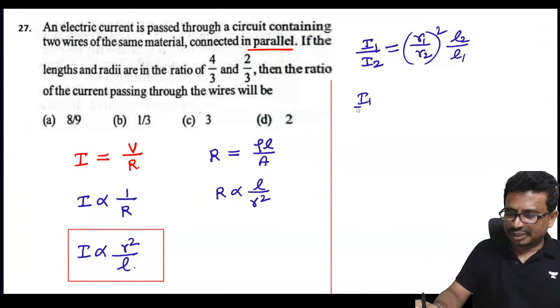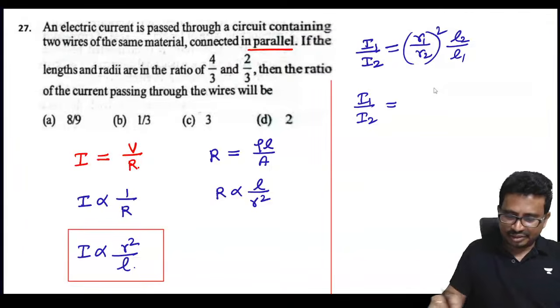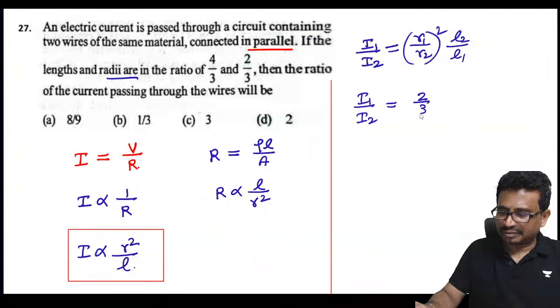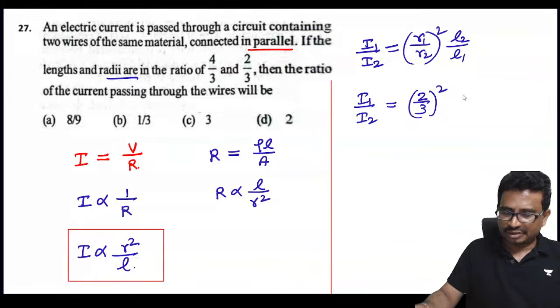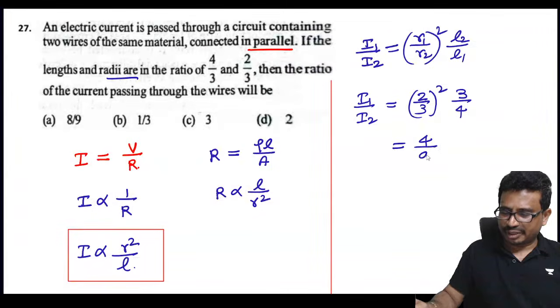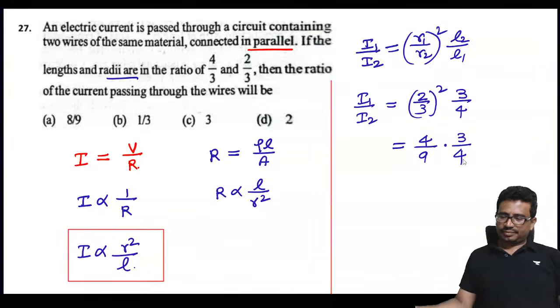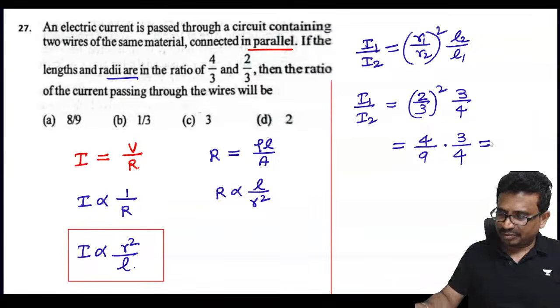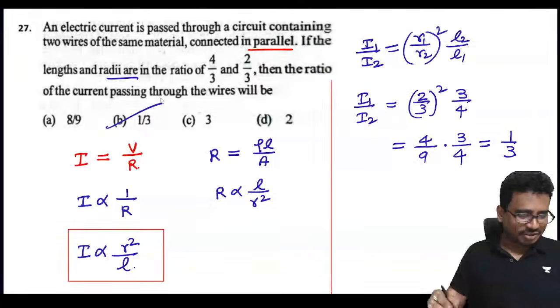Radius ratio is 2 by 3 whole squared, length ratio 4 by 3 means 3 by 4. That comes to 4 by 9 times 3 by 4, which is 1 by 3.